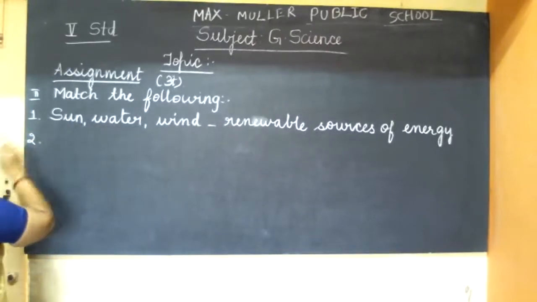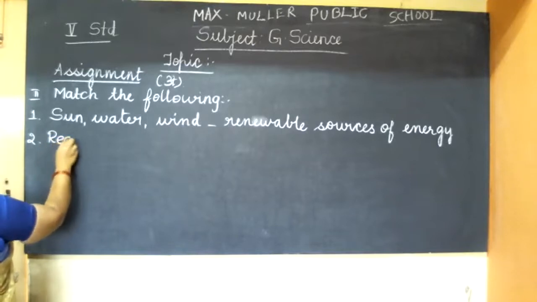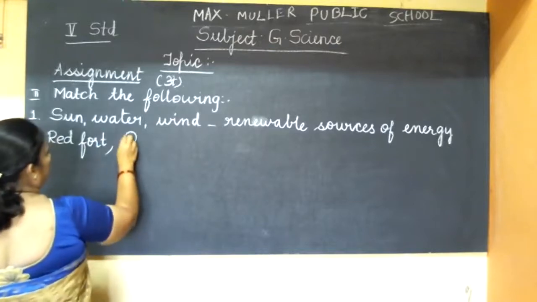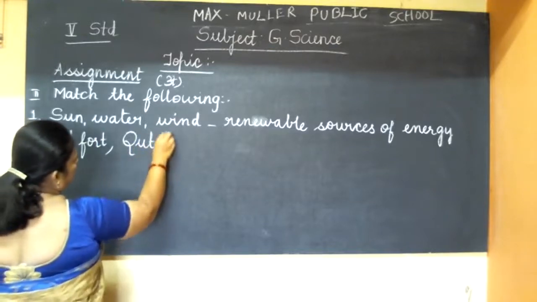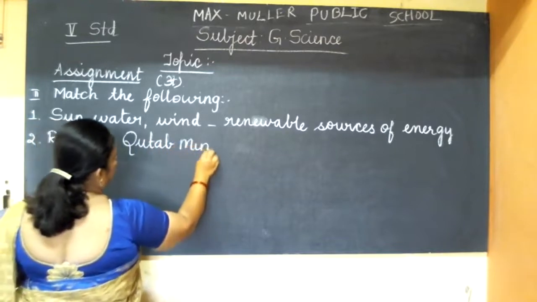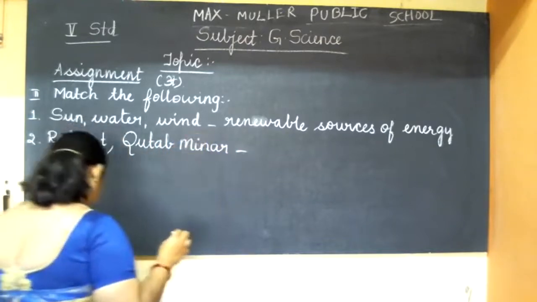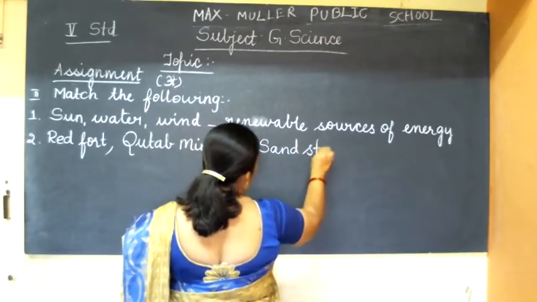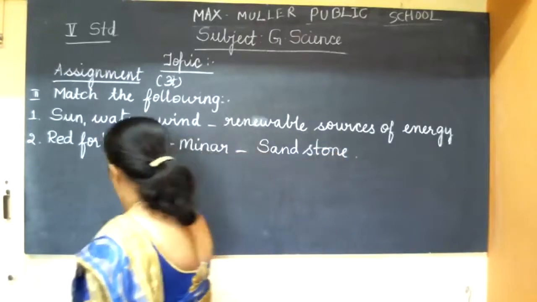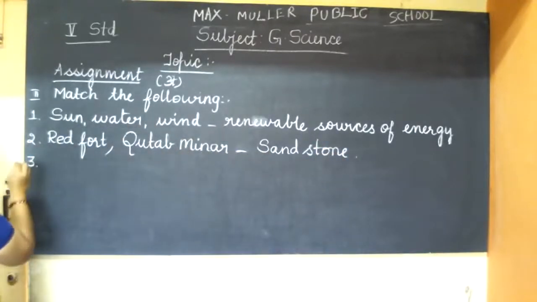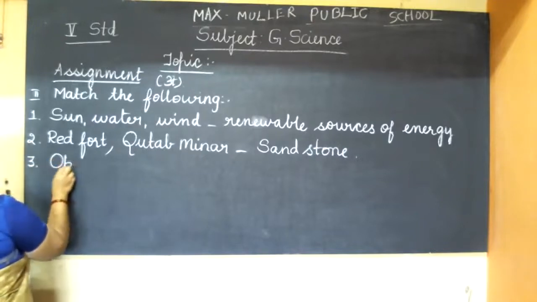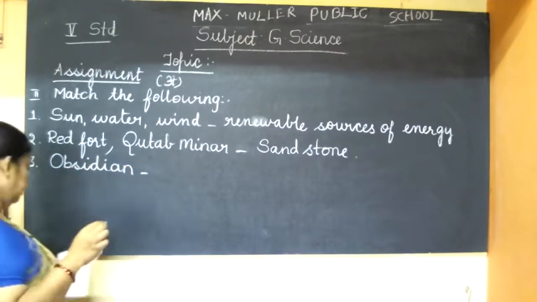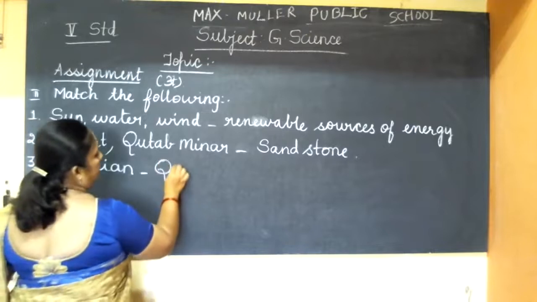Second one, Red Fort, Qutub Minar. So what is this made of? Sandstone. Okay. Next, third, obsidian. Quick cooling of lava.